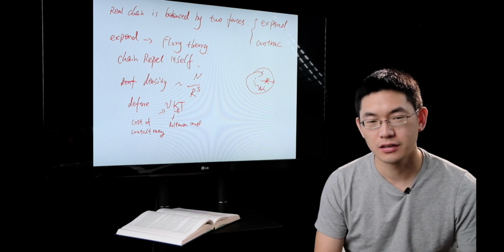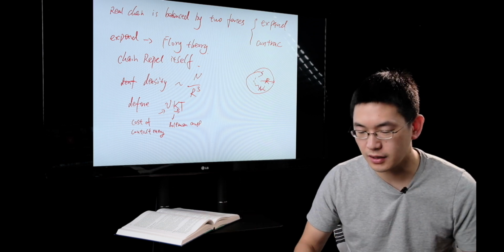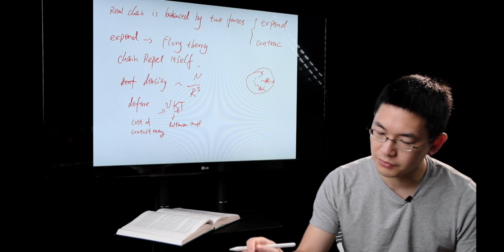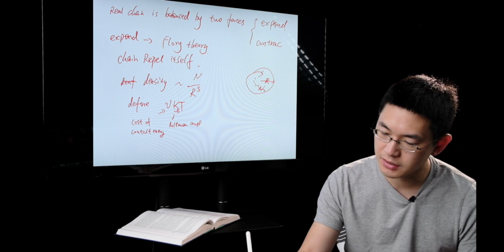What's the energy cost? So how about the total system energy cost? Because we have also talked about for each bond there are n segments, so there are n carbons along it.